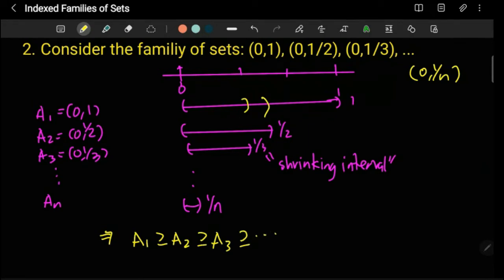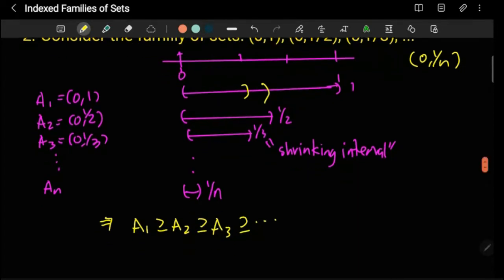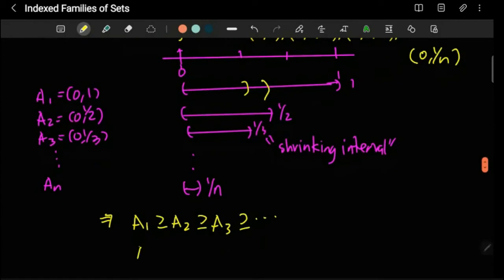Paliit ng paliit. So, what will happen if we get the intersection? Halimbawa, kunin natin yung A1 intersection A2. Since mas maiksi yung A2, yung intersection ng dalawa up to A2 lang. Right? Yung intersection ng A1, A2, intersection A3, hanggang dito lang sa side na to.